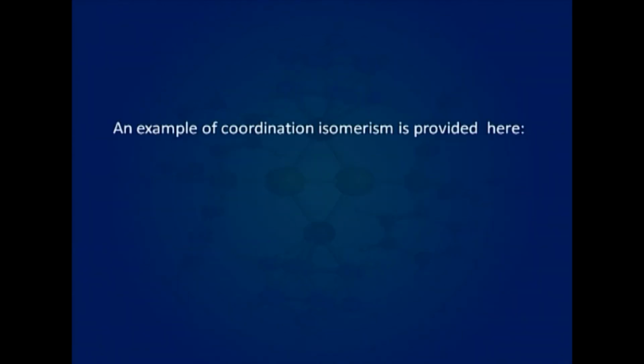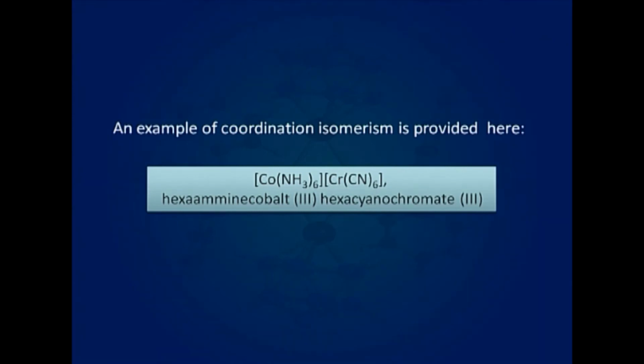An example of coordination isomerism is provided here. Hexaamine cobalt 3 hexacyanochromate 3. You can see that 6 amine ligands are coordinated to cobalt and 6 cyano ligands are coordinated to chromium.